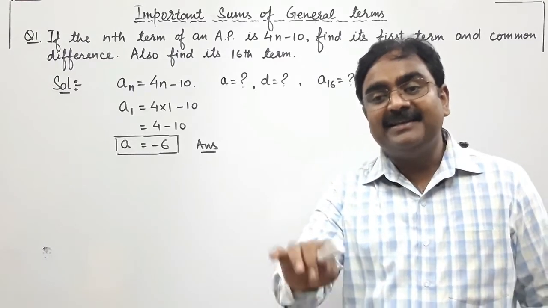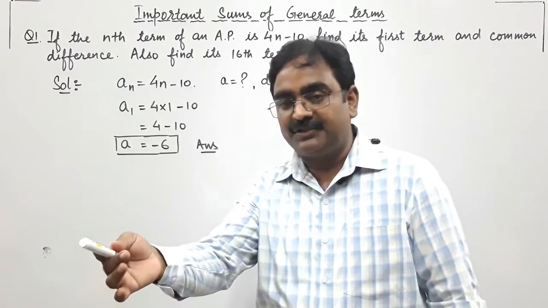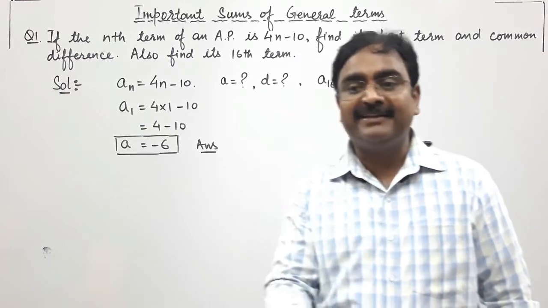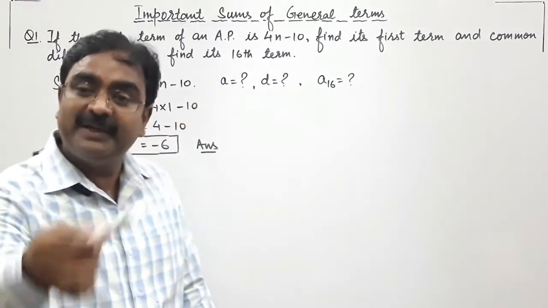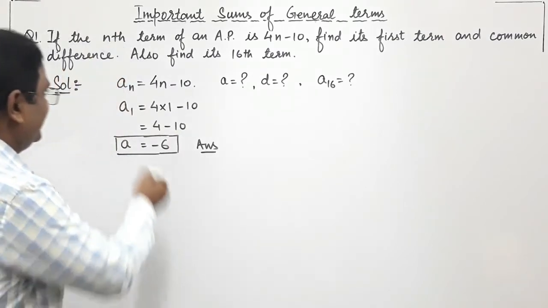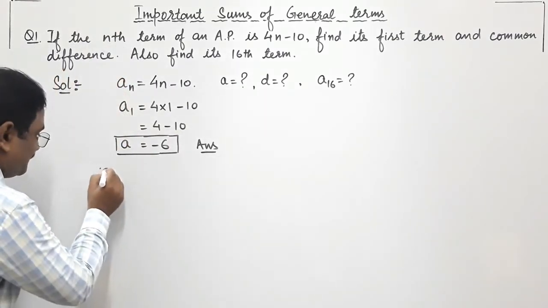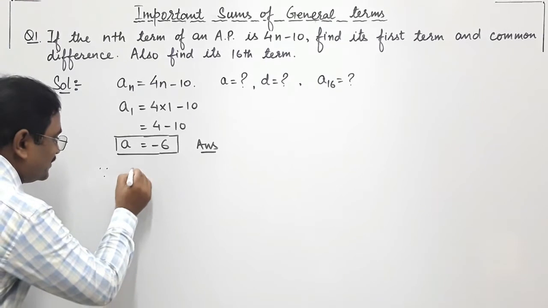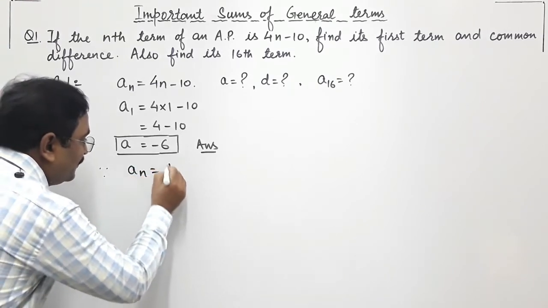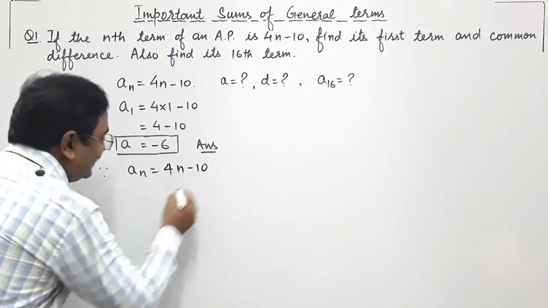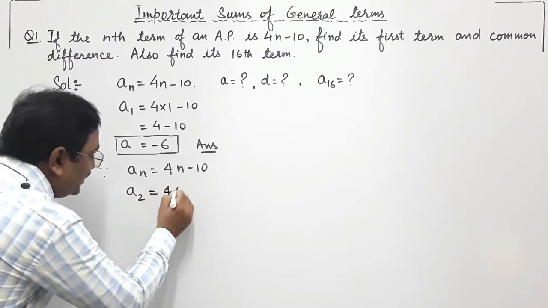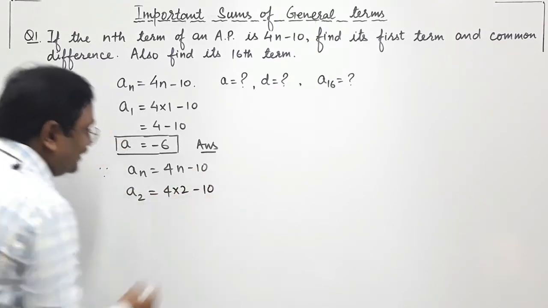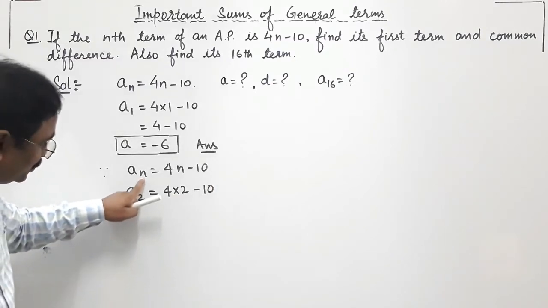अभी हम second, if n is equals to 2, if you substitute, you will get the second term, means a2, the value of n should be 2. So let us find, since an is equals to 4n minus 10, so a2 is equals to 4 multiplied by 2 minus 10. Why a2? Because n is equals to 2 is substituted.